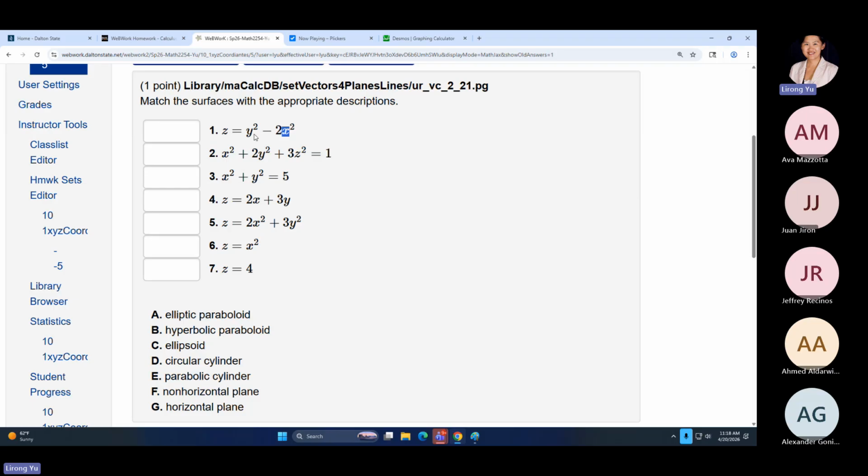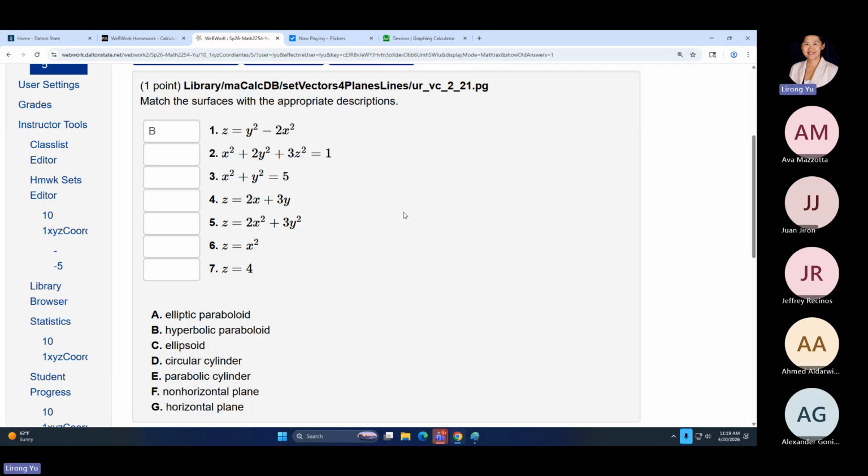I'm just looking at the variables pair by pair, naming them based on the appearance of the equation. We would answer B. The second function, what do you think it looks like?